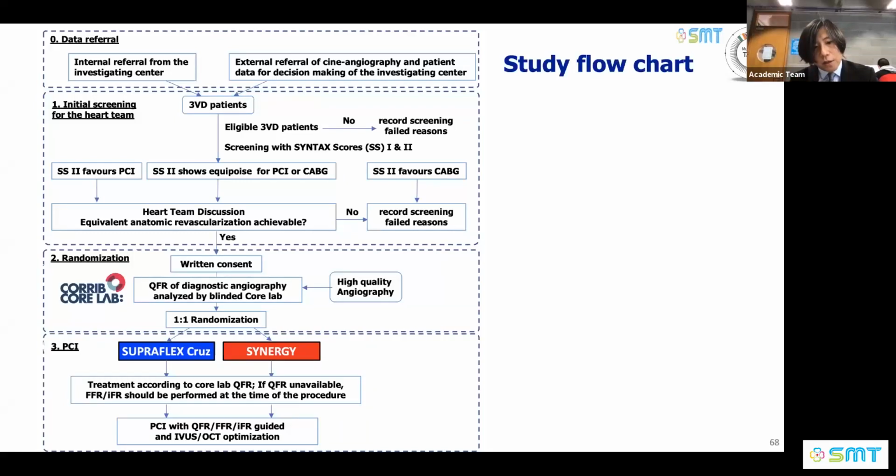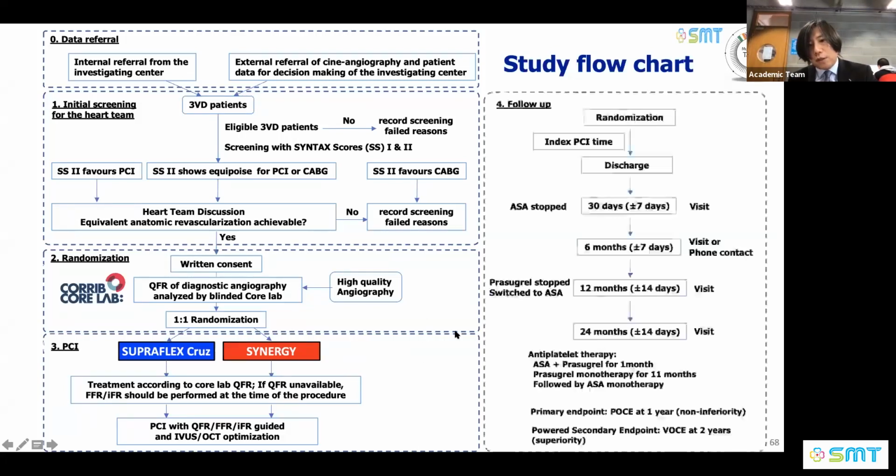The patient will be randomized to one of the stent arms, and we will optimize the result using IVUS or OCT, and you can also use the QFR post-procedure to guide post-dilatation optimization of the stent.